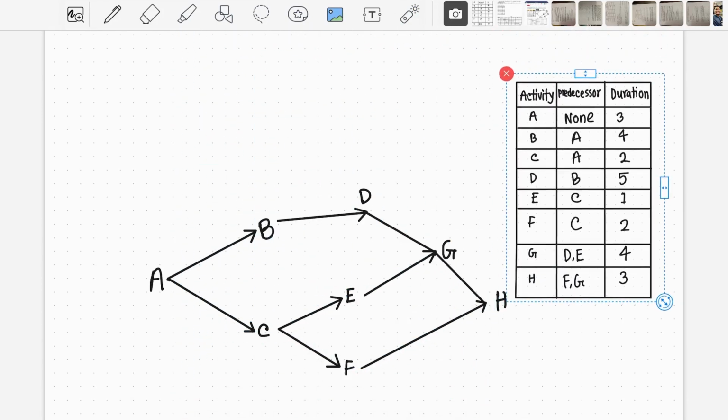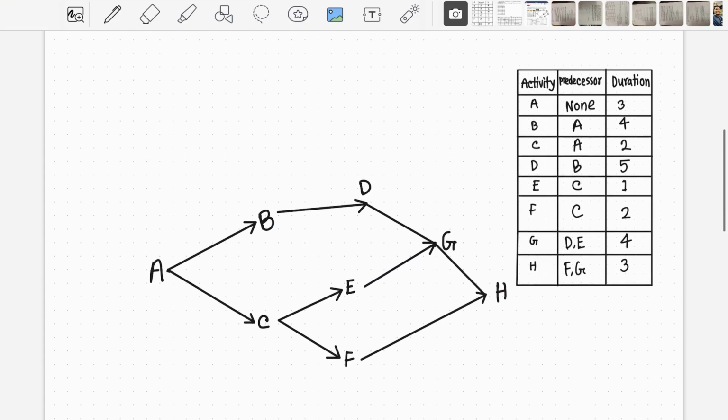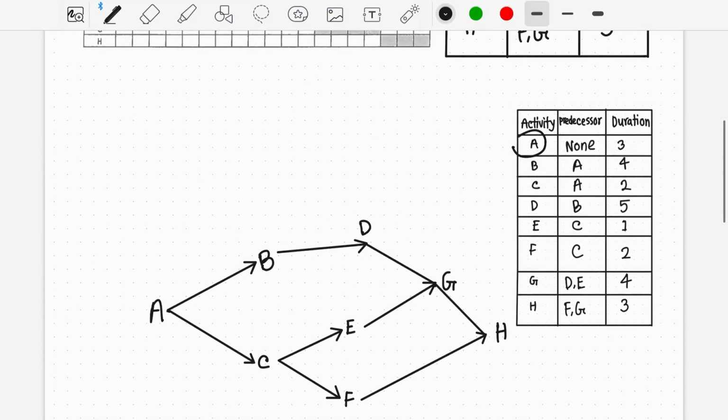All right, for activity A, this is the starting activity, so that's why I take A first, and A doesn't have any predecessor.